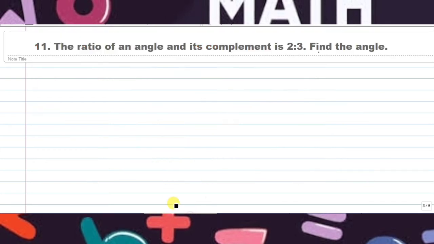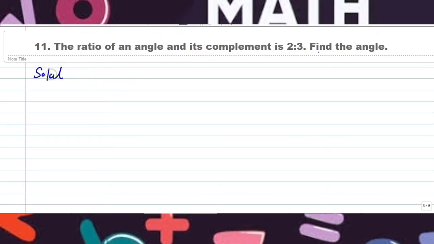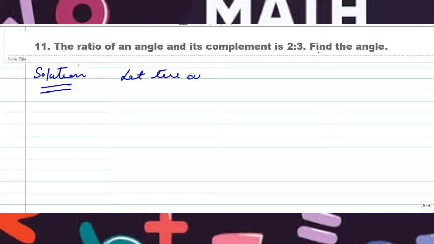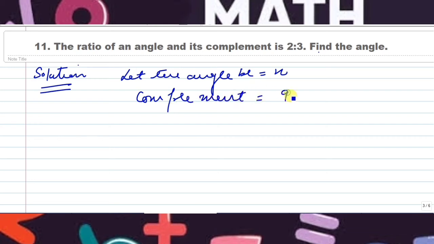Now next question we have, the ratio of an angle and its complement is 2:3. So here also you have to assume the angle is x. It says an angle, so before that you will assume let the angle be x. Now complement of it, what will come? You know that you have to subtract it from 90.